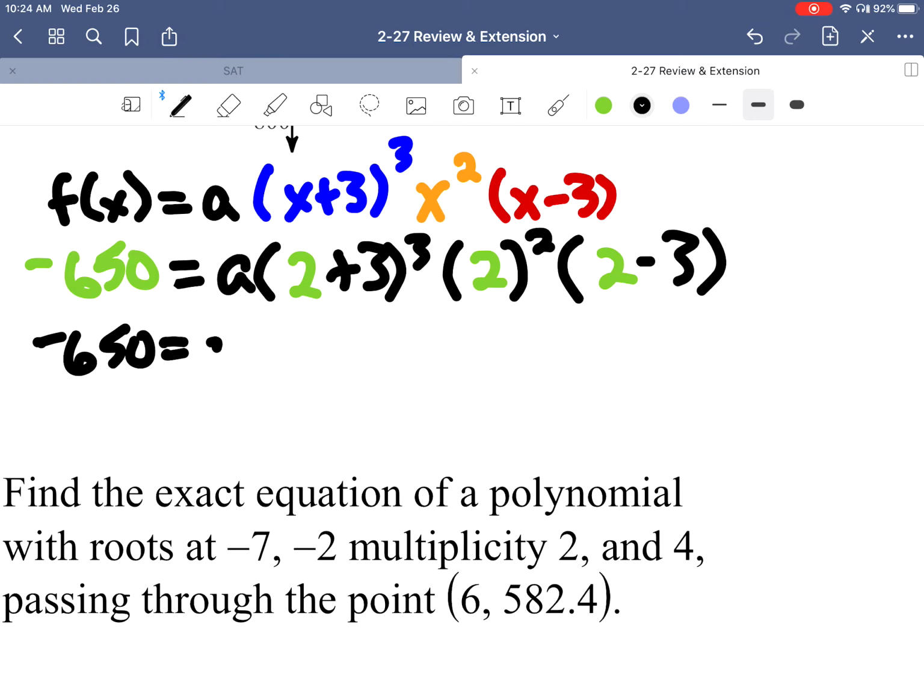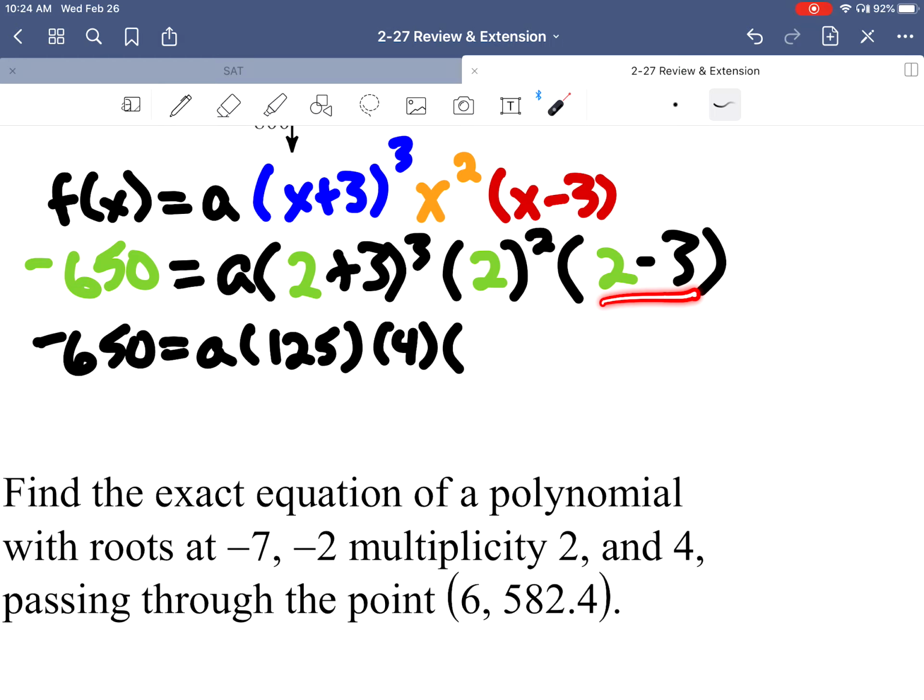So there's my equation now. So I have -650 is equal to a times the quantity. And here this is 5. 5 to the third power is 125. 2 squared is 4. 2 minus 1, or excuse me, 2 minus 3 is -1.